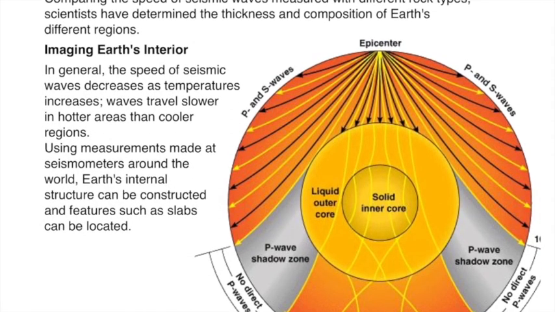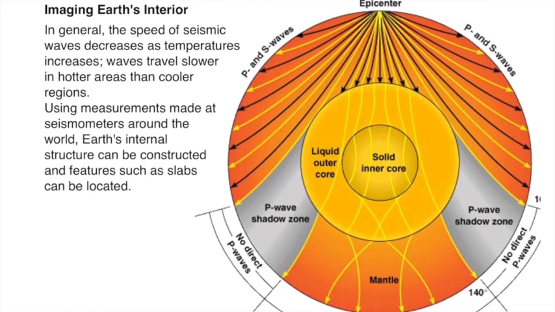So, as of right now, you can see that P waves and S waves don't come back from an epicenter of an earthquake in a certain range. In this picture, it's gray, where there are no S waves and no P waves, so it's called a shadow zone. And since it's a shadow zone, that means that it must be trying to pass through liquid.